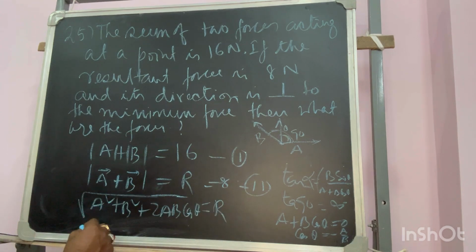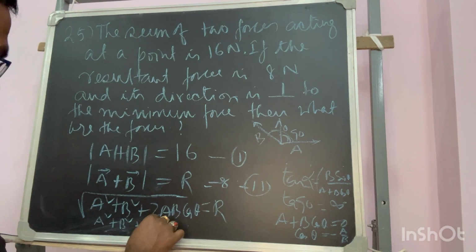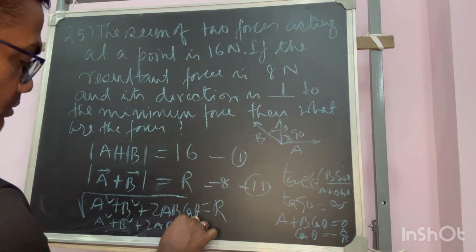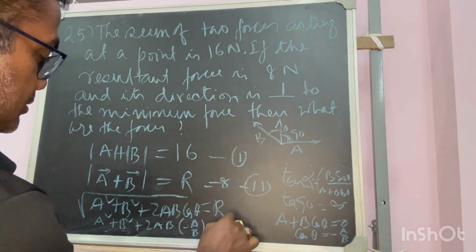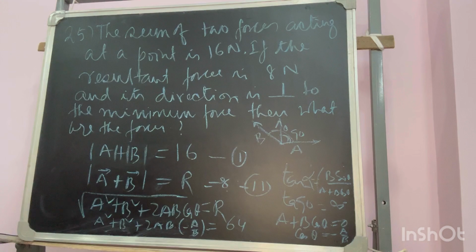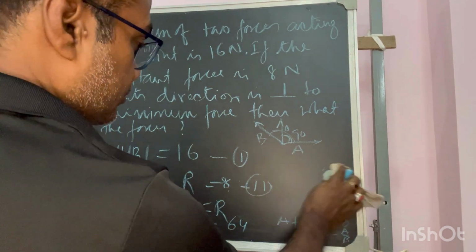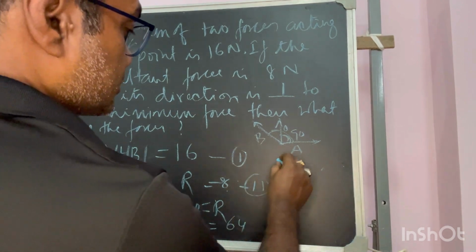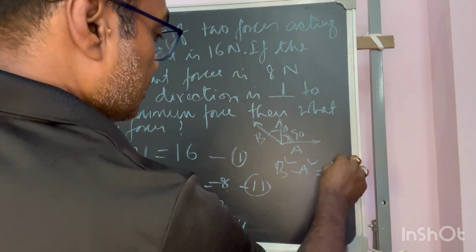If I square both sides, it will be A square plus B square plus 2AB cos theta, where cos theta is equal to minus A by B. This is equal to R square, meaning 8 square, which is 64. So this will be cancelled out, and ultimately we get B square minus A square equal to 64.